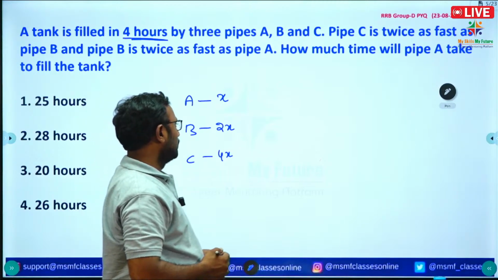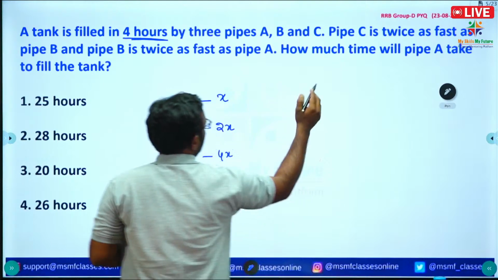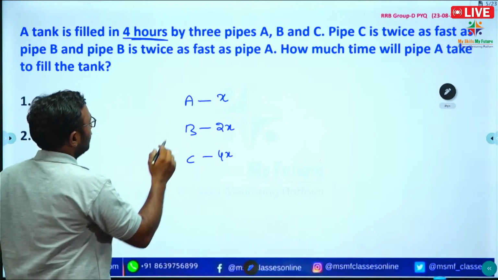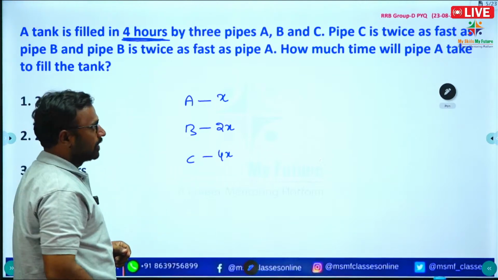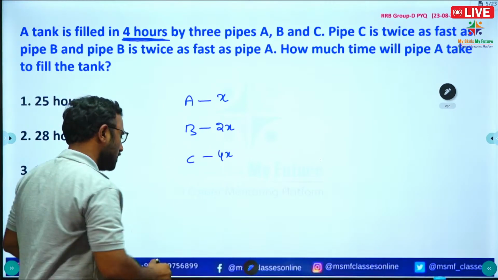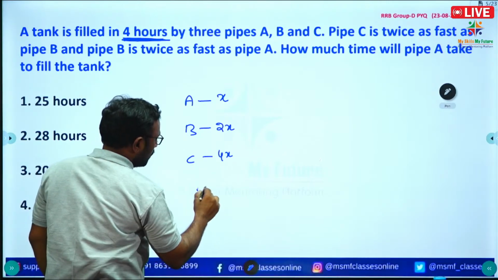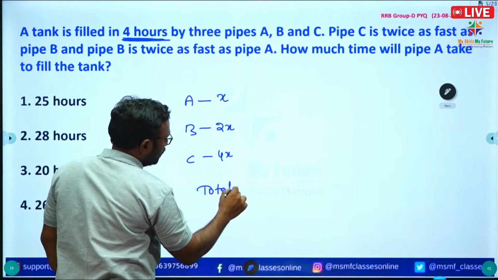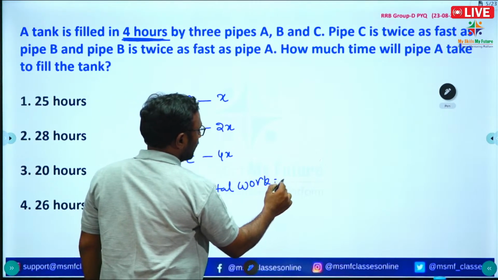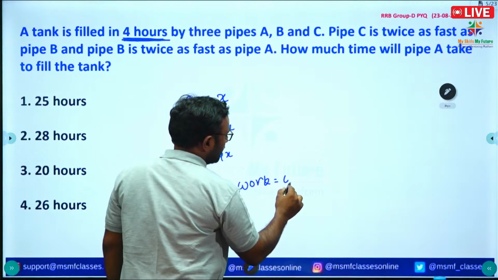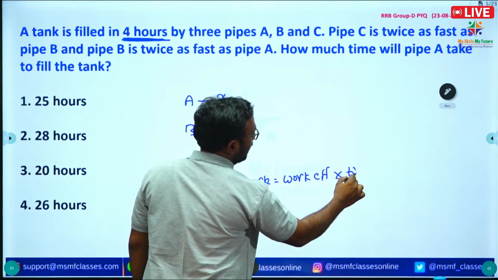If you see the question, the tank is filled in 4 hours. That is nothing but time. So the total work, nothing but filling of the tank, is equal to efficiency into time.